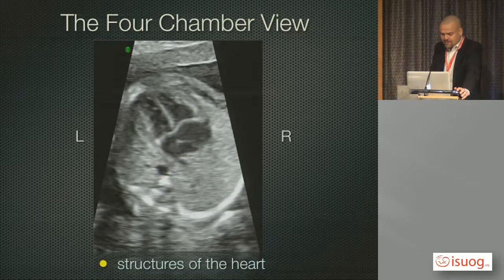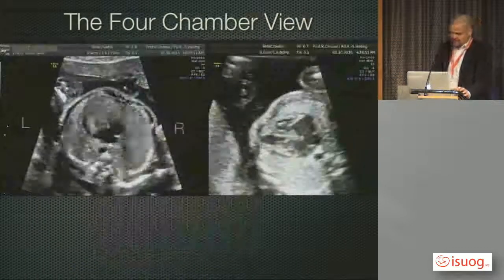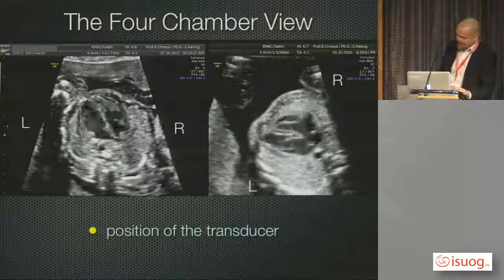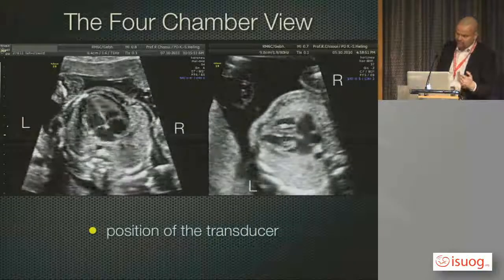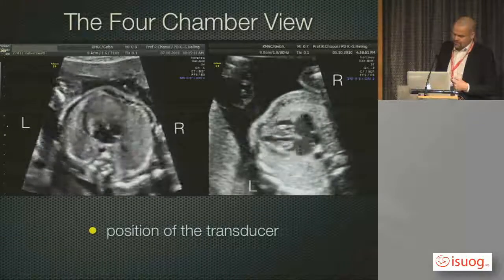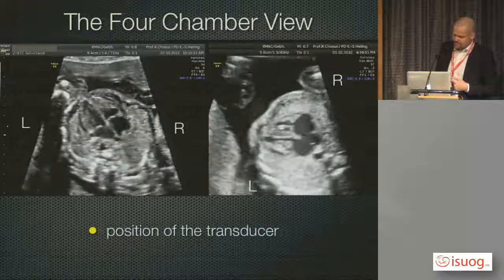We can examine the fetal heart from different positions with a transducer, as in an apical four-chamber view, which we usually use in teaching courses, but in our daily life often we have a four-chamber view coming from the side.